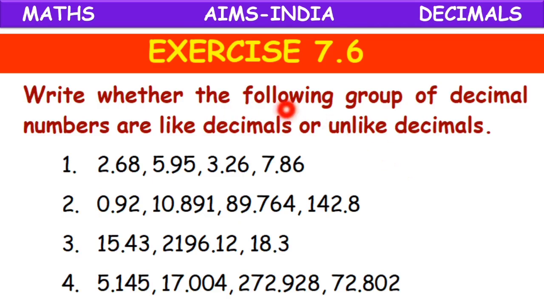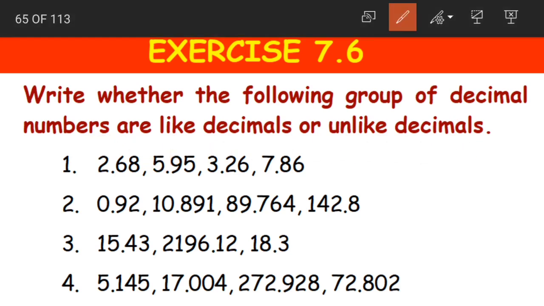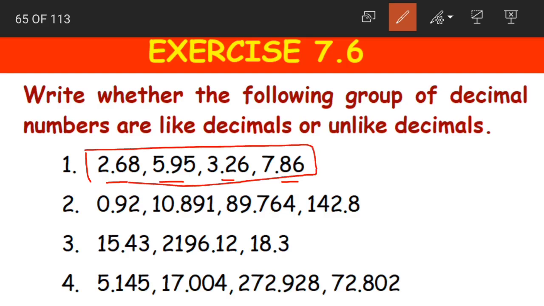Let us do an exercise based on that. Write whether the following groups of decimal numbers are like decimals or unlike decimals. If we look at question 1, we are given 4 decimal numbers: 2.68, 5.95, 3.26 and 7.86. Now we have to say whether this group of numbers are like decimals or unlike decimals.